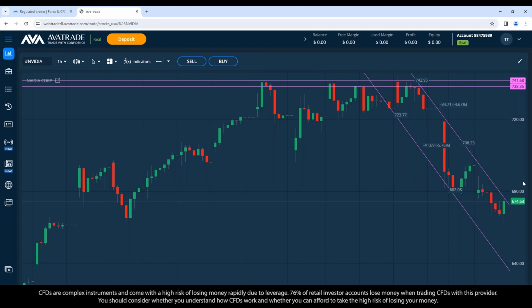But that one might be tough. I might be looking for something else to short rather than NVIDIA, which just had really great news. It's hard to short a stock that had news that works against the move.